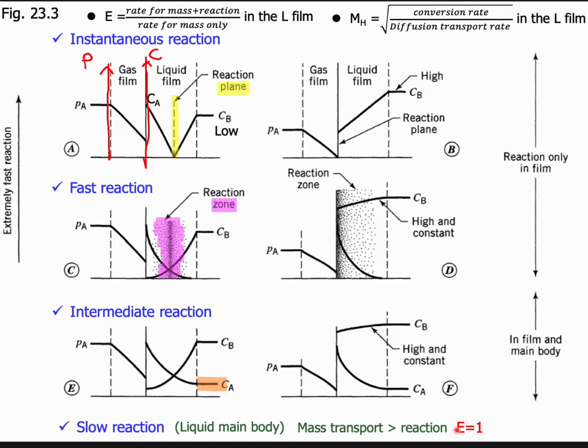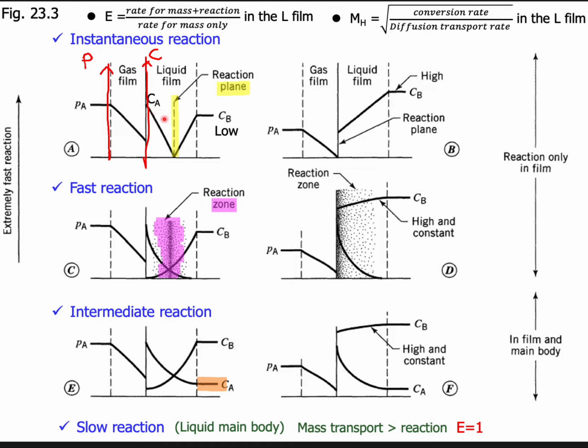But if the transport takes 100 seconds to pass through the liquid film and the reaction takes 1 second, that is an instantaneous reaction. You can expect A will spend 100 seconds passing through the liquid film, but the reaction only takes 1 second.